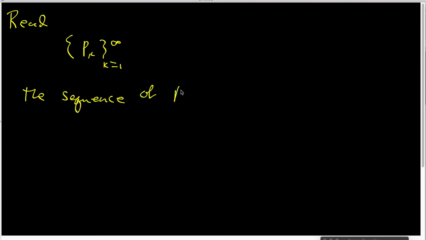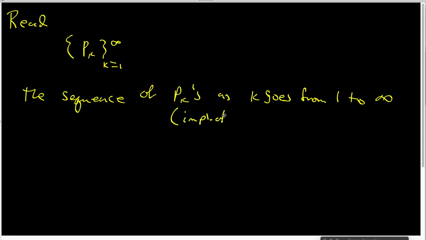We read this notation as the sequence of pKs as k goes from 1 to infinity. And the meaning, of course, is that k is going to be an integer. So it is implicit in the notation.